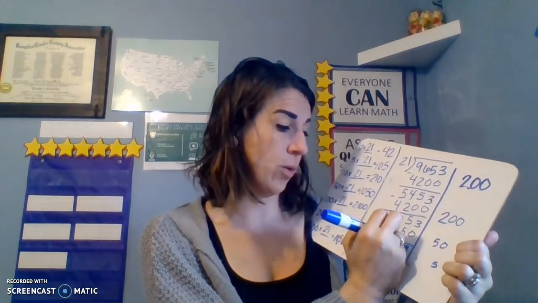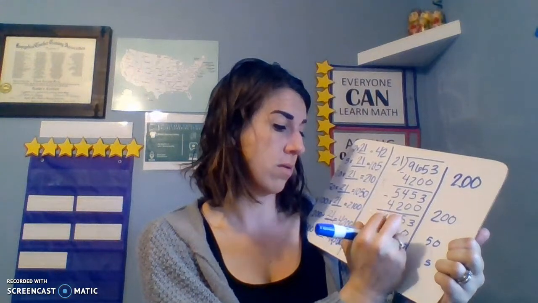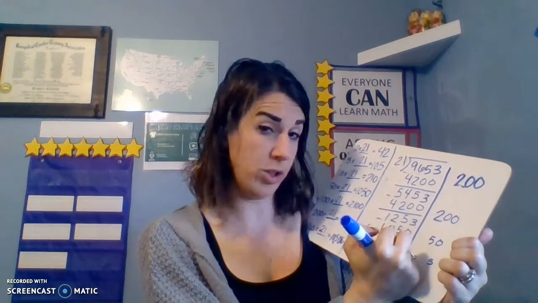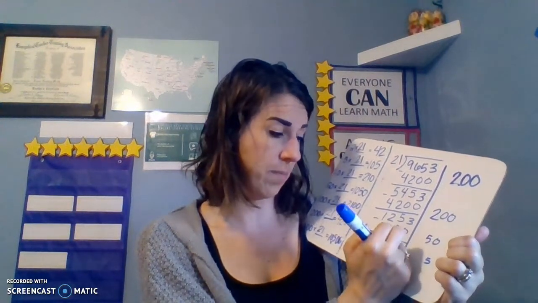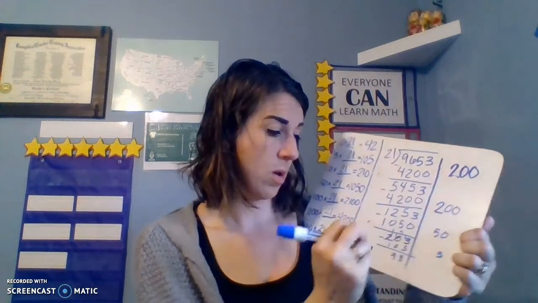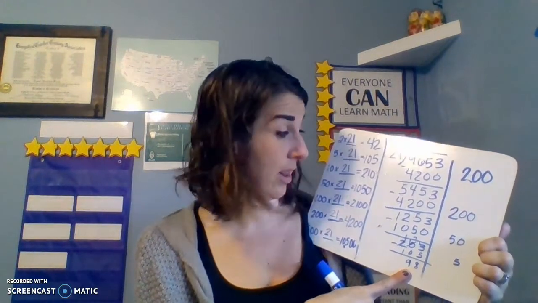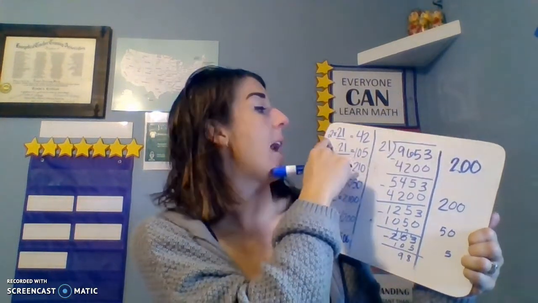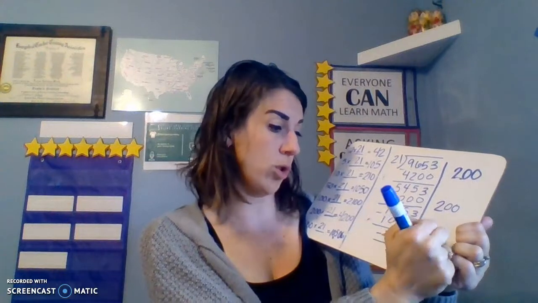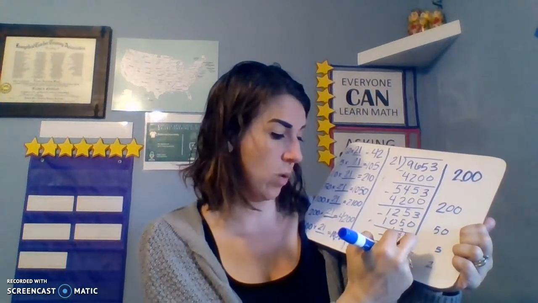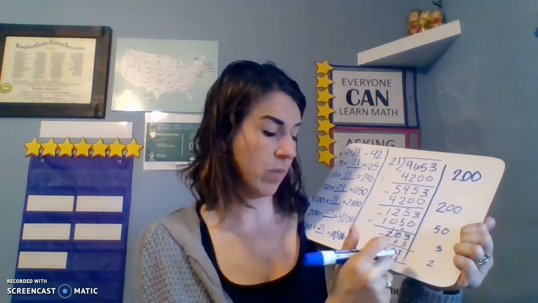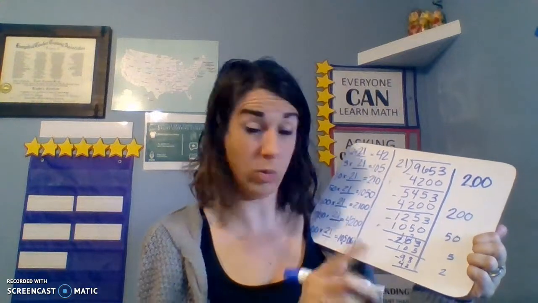I have to do some regrouping in order to do that correctly. And I have 98 left. Now, I have 2 groups that I can take, which is 42. I'm getting really low over here, which is okay.